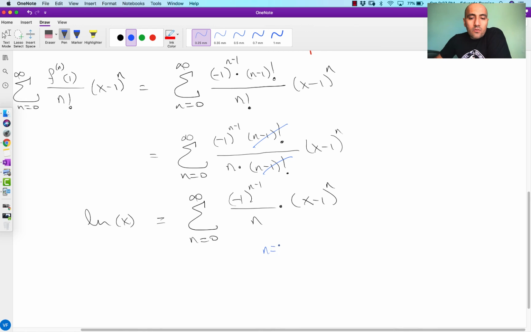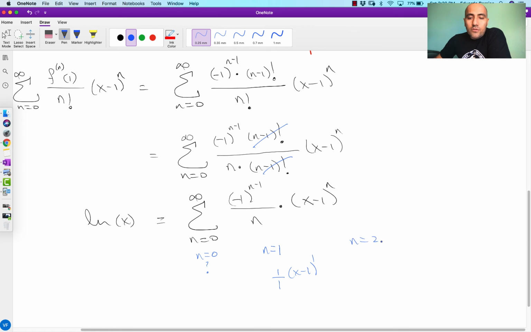If n equals 1, we end up with a positive number. I'm sorry, we get a 0 here. Negative 1 to the 0 power is just going to be 1. So we end up with 1 over 1 times (x minus 1) to the 1 power.